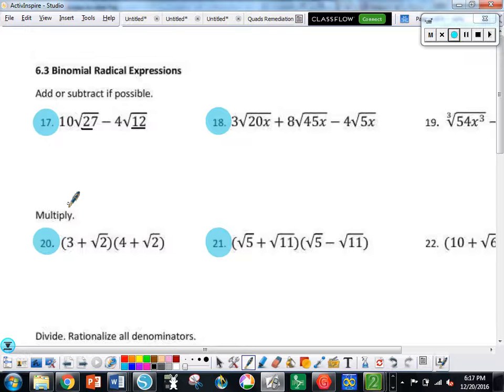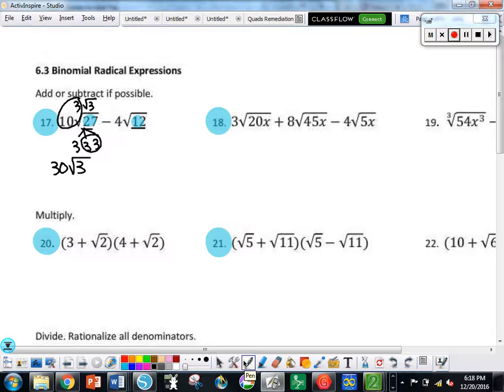So before we can even move on, I have to know that 27 is 3 square root 3. Now if this is 3 square root 3, these two numbers combine and make a 30, right? And then you have the square root of 3. You cannot add or subtract them if they don't have the same radicand, meaning the number inside the radical.